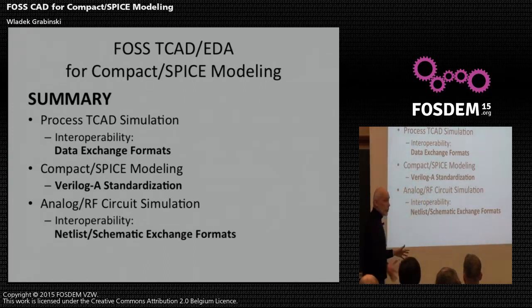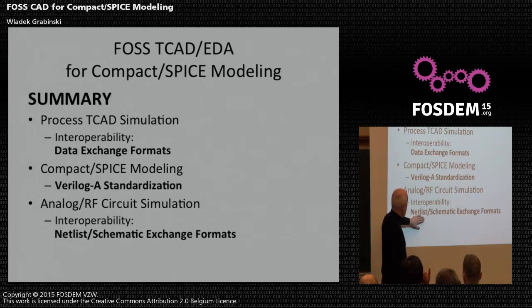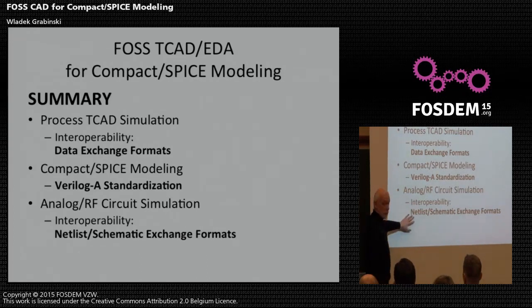Here we have a bunch of simulation tools. ngSpice has very fast transient simulation, but does not support harmonic balance, which is an excellent feature of Quarks. So to communicate, we need, again, interoperability at netlist and schematic. These points were addressed in both presentations, and I want to highlight them. So we need a lot of work on standardization to improve information exchange between all the simulation tools which we are using.